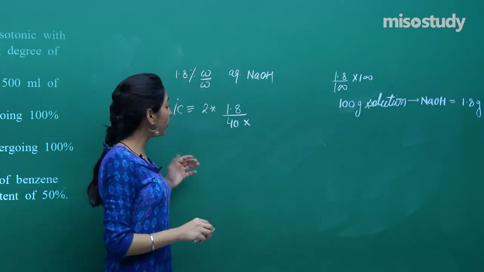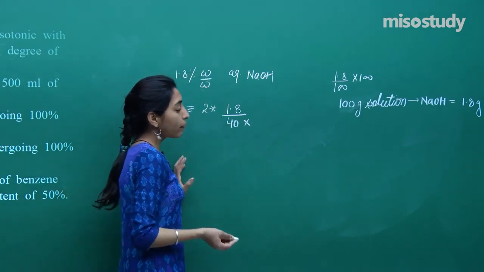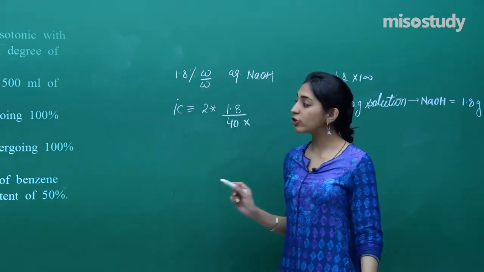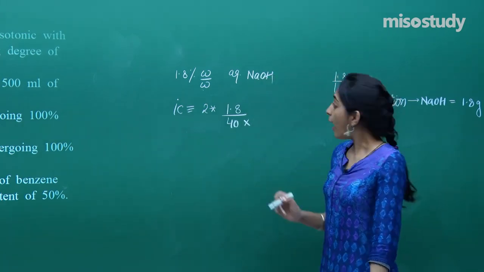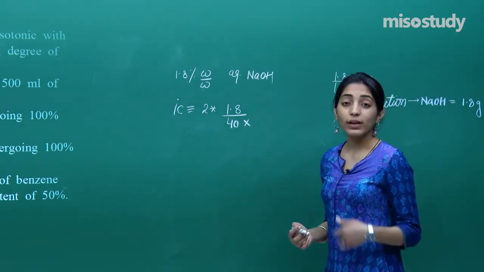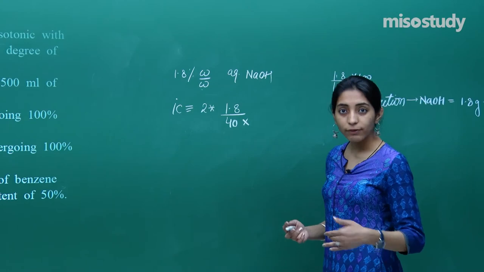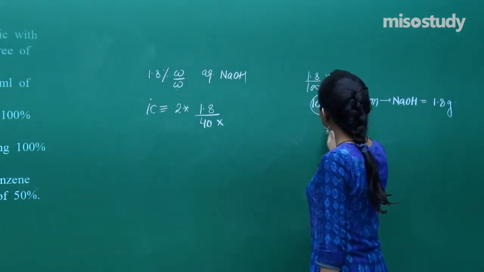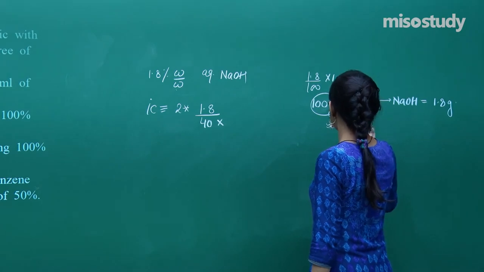As such, I'll tell you there is one simple tricky thing. The volume of solution is not given. However, you are given that 100 grams of solution is there. If you had been given the density, first you would have calculated the volume. But if it is not given, let us just assume it to be 100 ml.